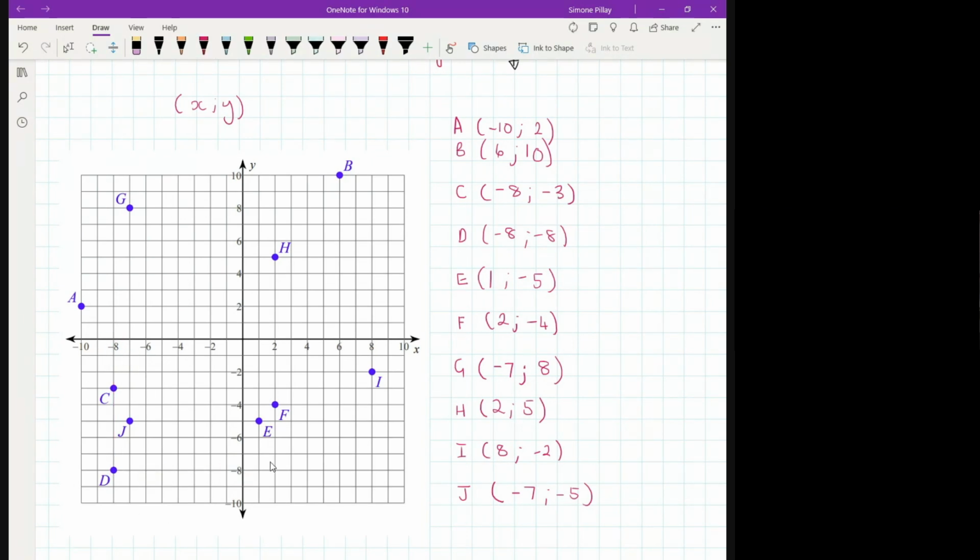Cool. So we've now done a lot of naming these points on the Cartesian plane. So I hope that if we gave you these coordinates, you also should be able to go in and draw these coordinates on the plane, or on the coordinate plane, or on the Cartesian plane, whatever it is that you learn about at school.